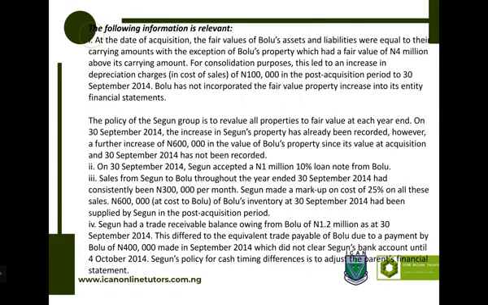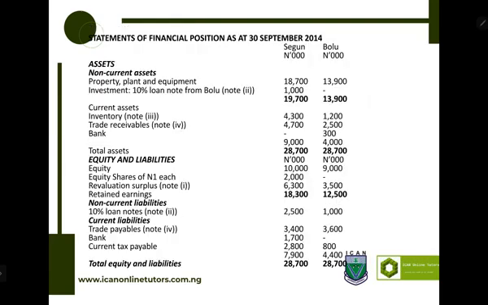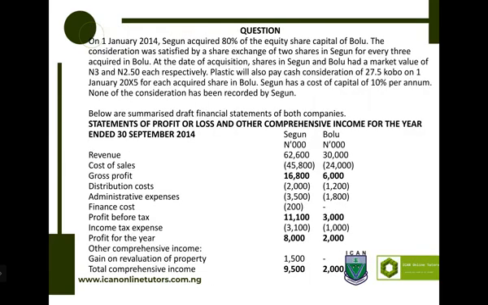At the date of acquisition, the fair value of Bolu's net assets equals their carrying amount, with the exception of Bolu's property. For consolidation purposes, this leads to an increase in depreciation of 100,000 naira in the post-acquisition period to September 2014. When was Bolu acquired? On 1st of January 2014, Segun acquired 80% of Bolu.